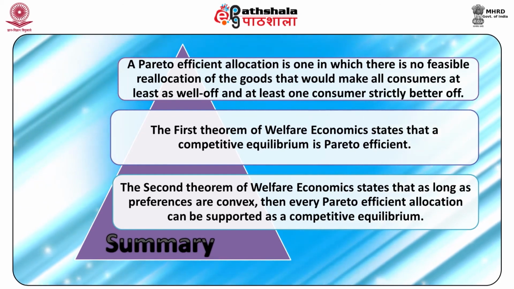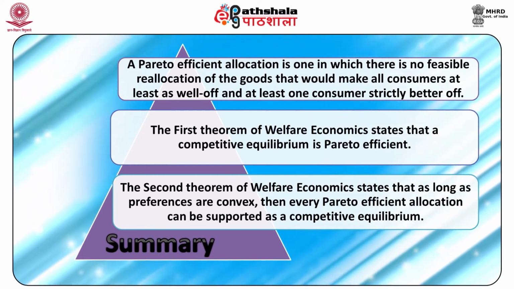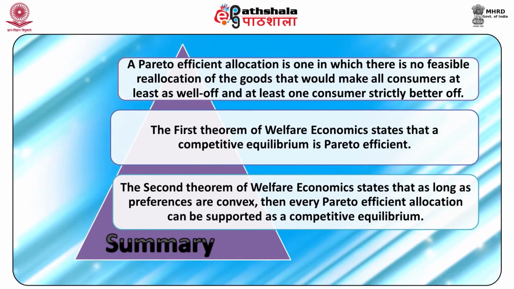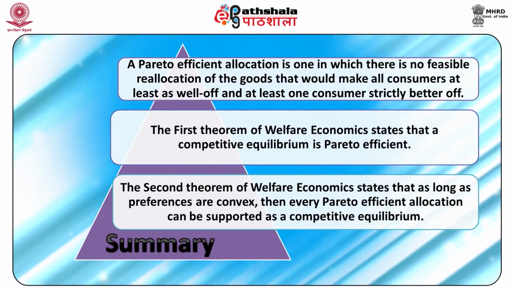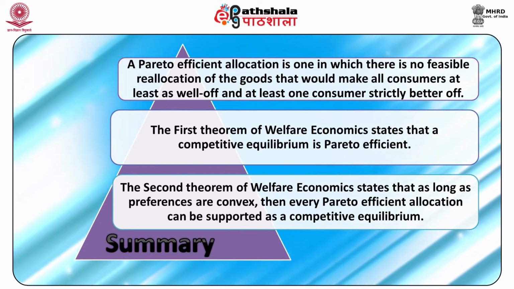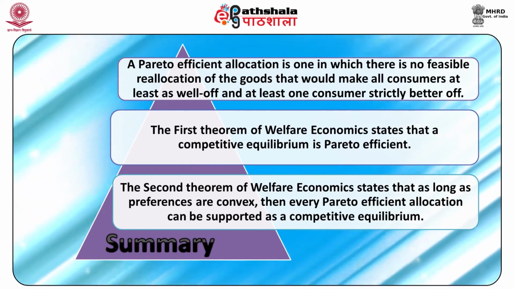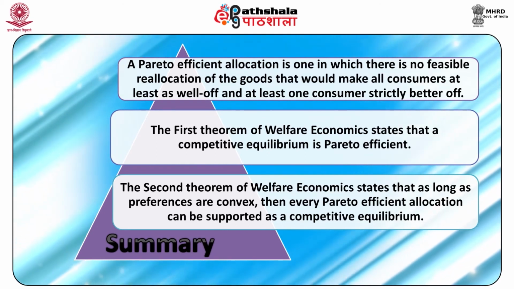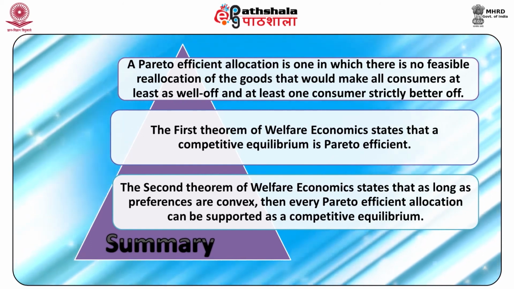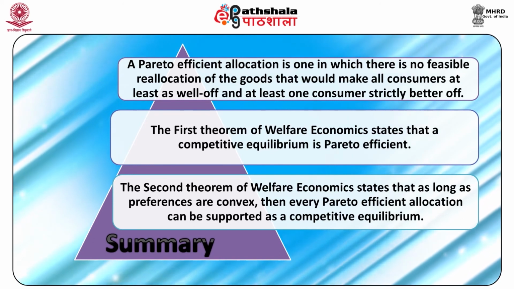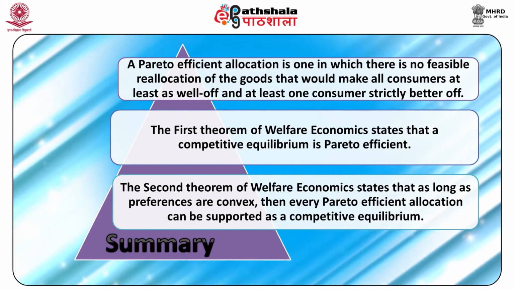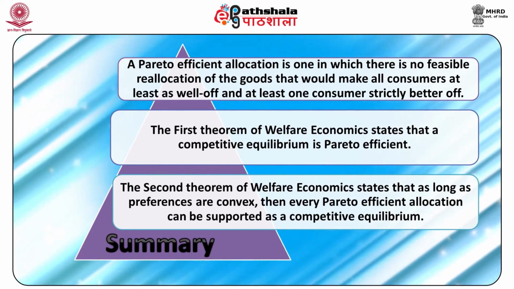A Pareto efficient allocation is one in which there is no feasible reallocation of the goods that would make all consumers at least as well off and at least one consumer strictly better off. 2. The first theorem of welfare economics states that a competitive equilibrium is Pareto efficient.